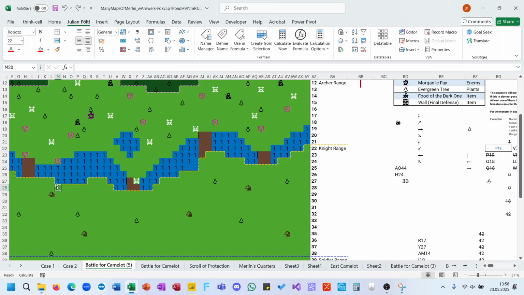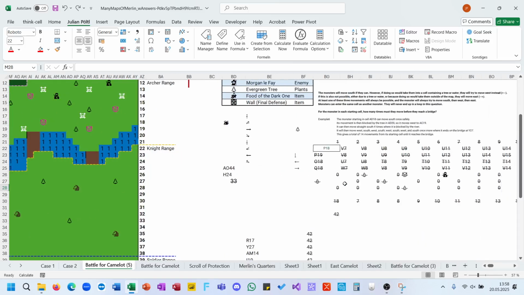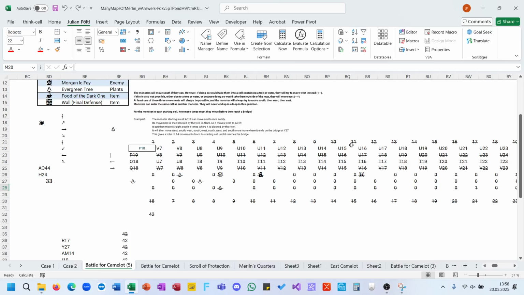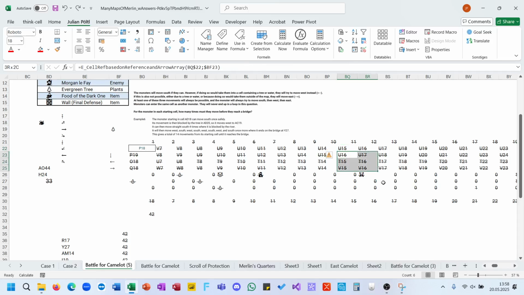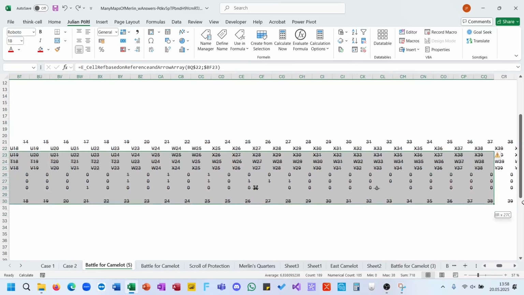I can move everyone 10 fields. That's not a problem. So let's do this. I think this is then the answer. Or is this the answer? This is the answer. Where they are.